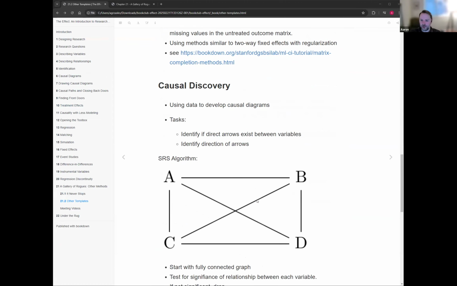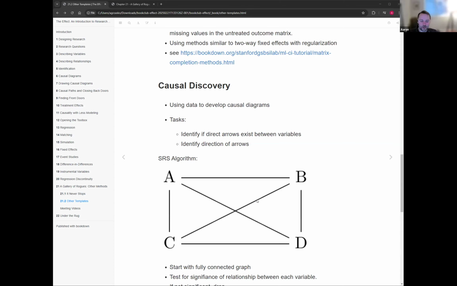So actually there are two more methods. I thought there was only one. Next one is causal discovery, which is a really cool topic. We spent the first 8 weeks of this book going through DAGs mostly.